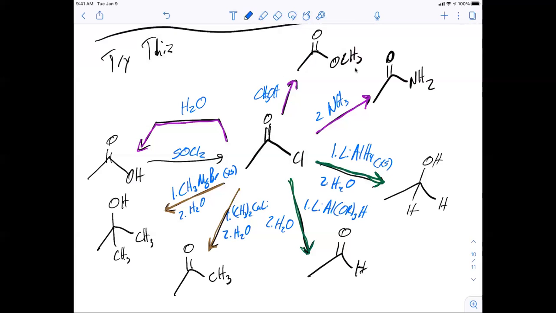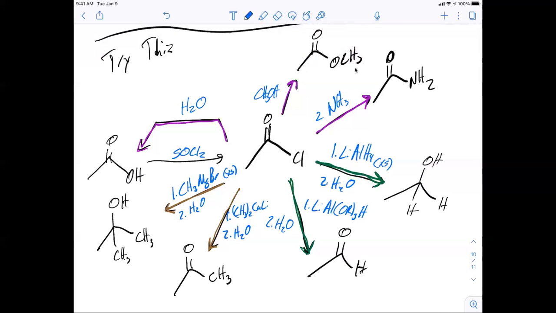All the substitutions are potentially reversible, but the problem is the chloride is a better leaving group than the methoxide, the hydroxide, and the amide. So they're going in the natural way they're going to go, right? If you look at the reductions, no, they're not reversible. And then, of course, the carbon-carbon bond forming reactions aren't going to be reversible.